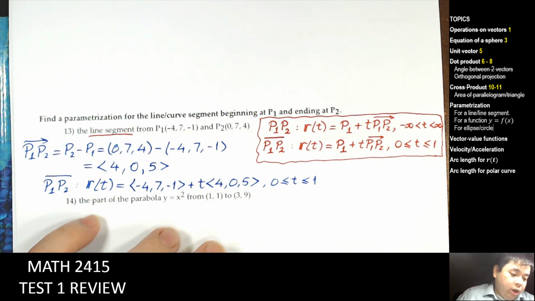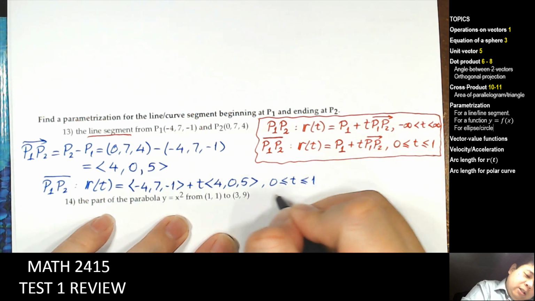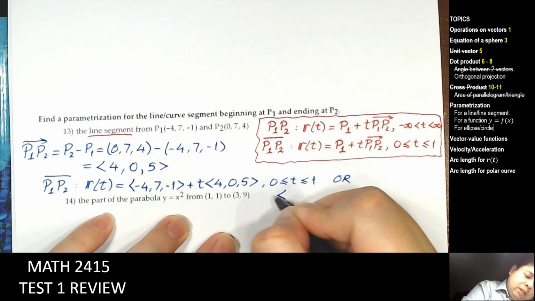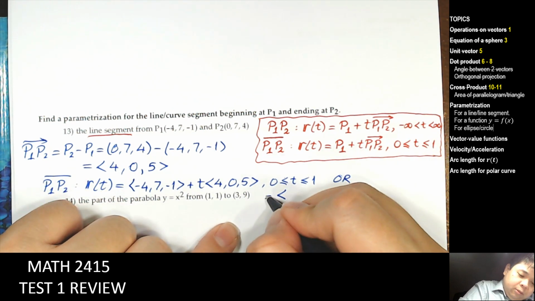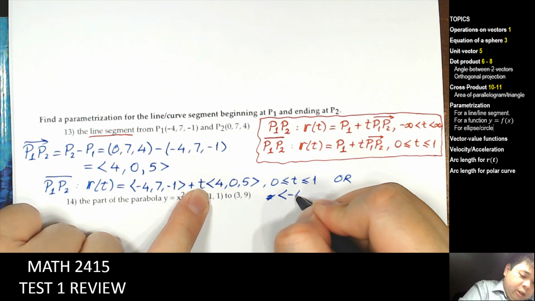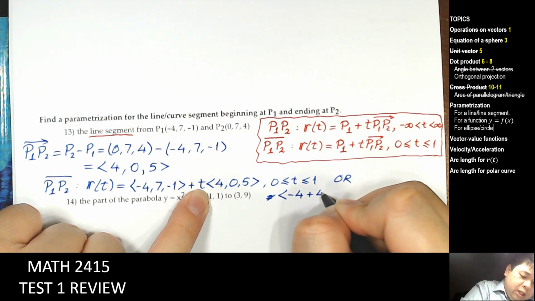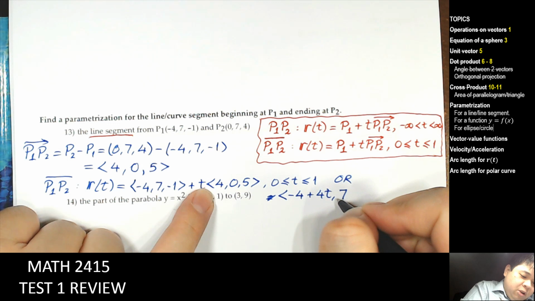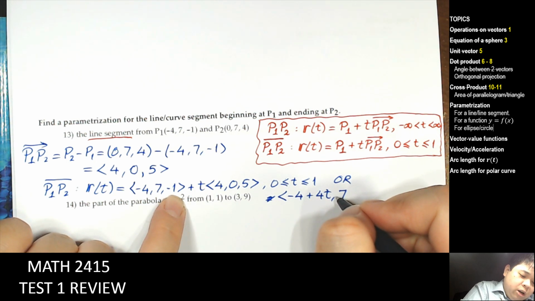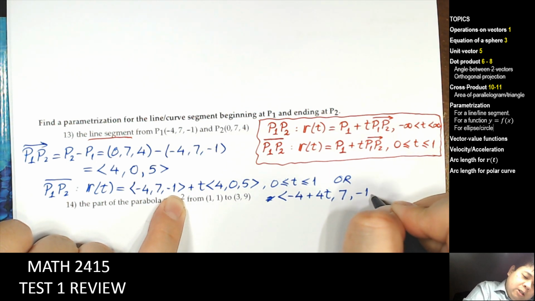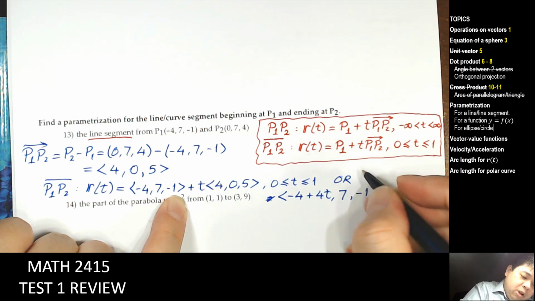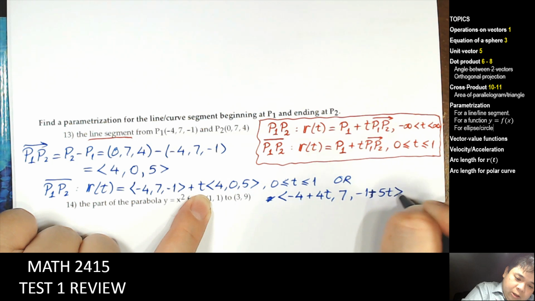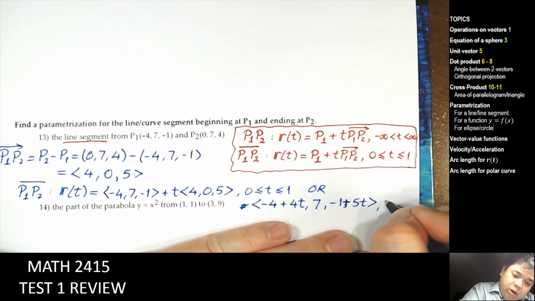Or if we want to, we can combine the components and write negative 4 plus 4T, 7 plus 0T, and negative 1 plus 5T, with T between 0 and 1.